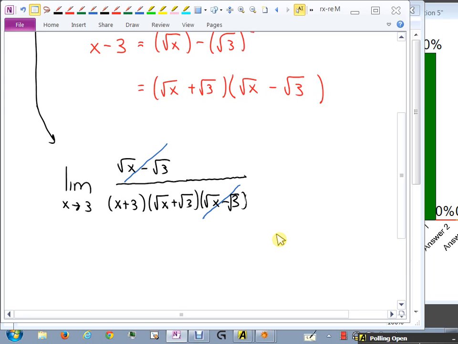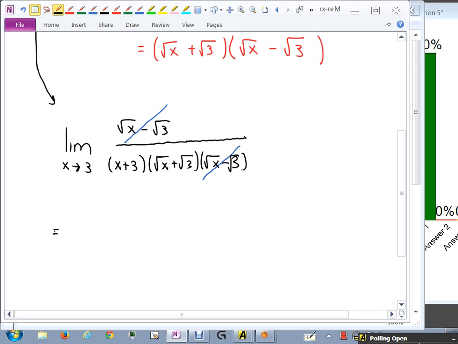So I'm not letting x approach 3 yet, right? I did some weird algebra, and then I canceled this stuff, and now I have a new expression, don't I? My new expression is the limit as x approaches 3 of 1 over x plus 3 times root x plus root 3.